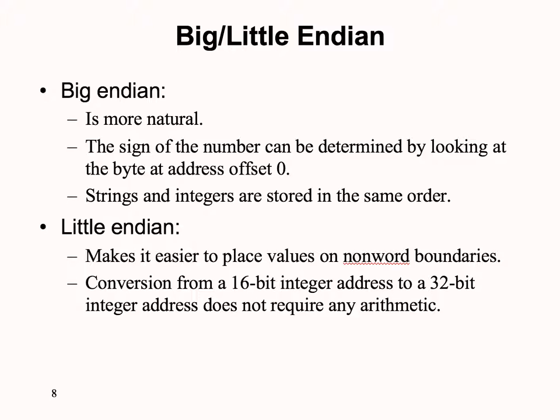For example, if a word is 2 or 4 bytes, it must always begin at an even-numbered byte address. This wastes space in memory, and the latter, little endian architectures such as Intel, allow odd address reads and writes, which makes programming on the machine much easier.